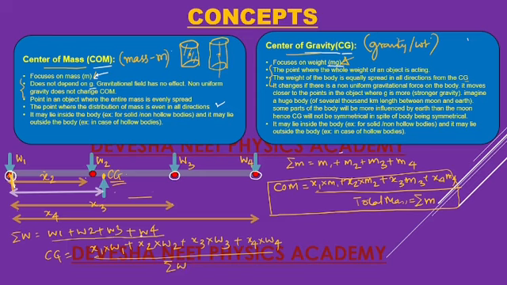So this is the way we calculate here. And as we said here, because this is a reference point, W1 is the reference point, so X1 will be 0 here, and in this case also X1 will be 0. So friends, having known these concepts, now I think we can jump into the problems. Okay, let's go to the first problem now.